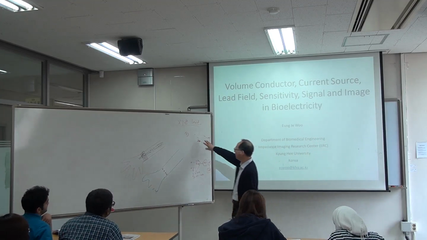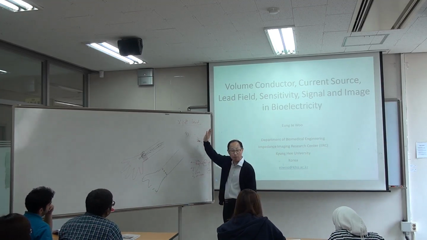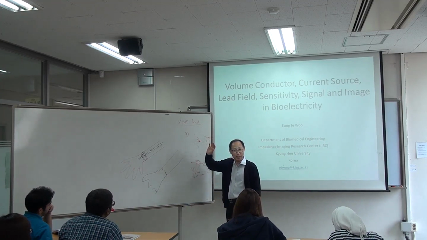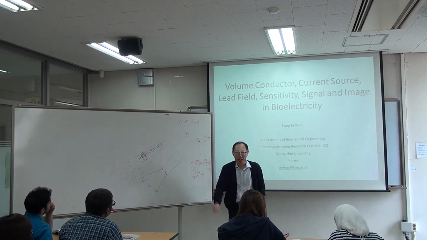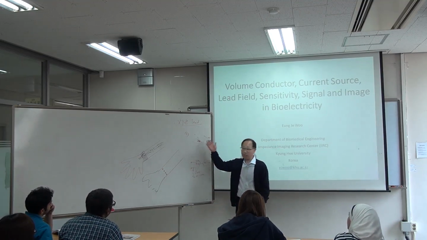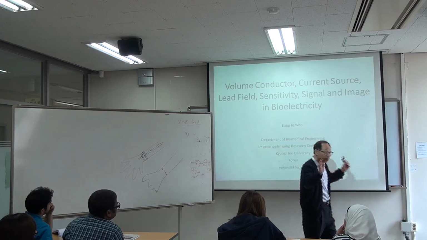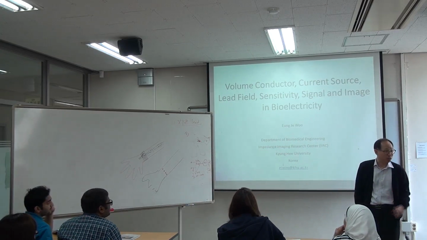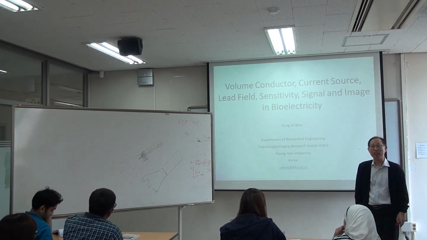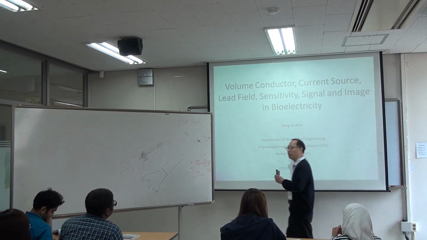So far, with ECG, EEG, all of those cases, there exists an internal current source, which is the current source produced by neurons. So for all of those biopotential measurement cases, we are dealing with the internal current source. Internal current source means neurons.